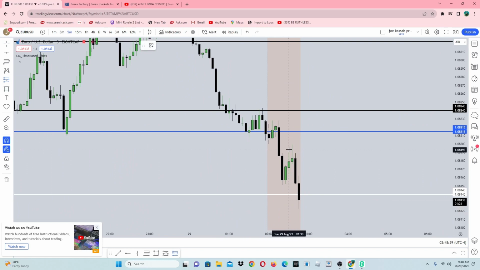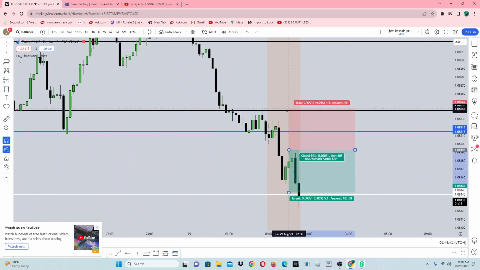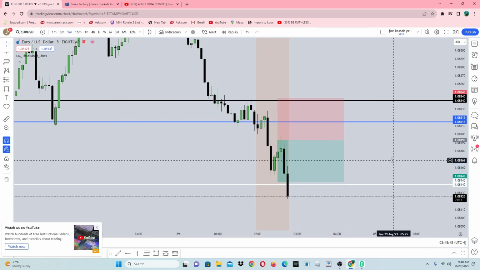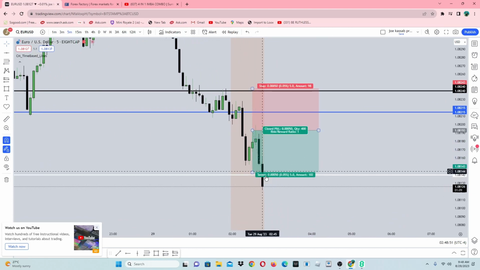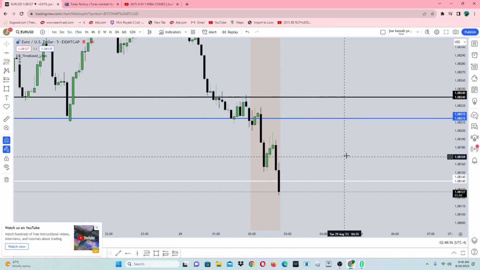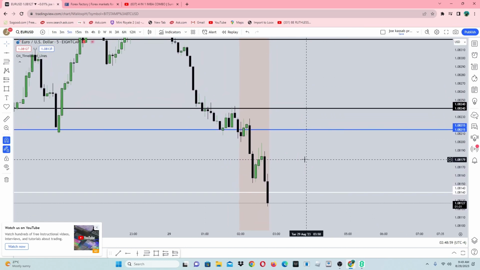So my entry would have been around this area right here, stop loss at 5 pips, targeting 5 pips. Okay, so very quick scalp with this entry, but I did not take it because I don't like to take scalps. Okay, so I'm not a scalper, I'm an intraday trader, and I just wait for an opportunity that the market will give me in order for me to ride it all the way into my daily targets.